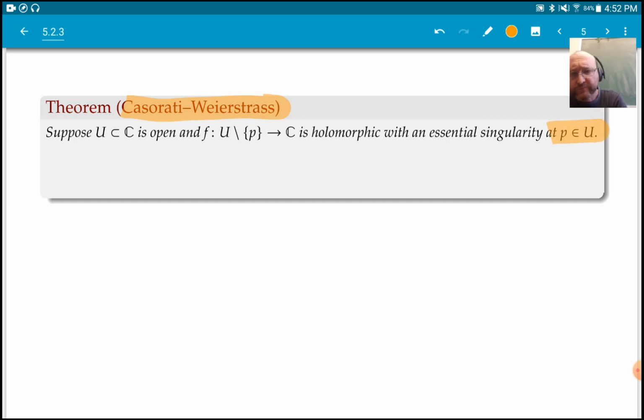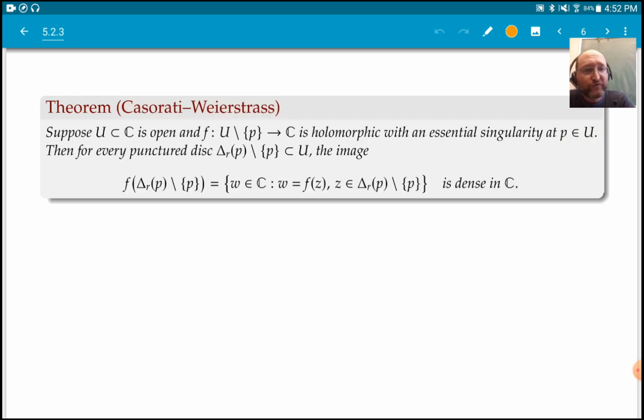Then for every punctured disk around p that's still in U, an arbitrary neighborhood of p with p taken out, the image via f of this punctured neighborhood is not necessarily everything, but what we're going to prove is that it's dense.